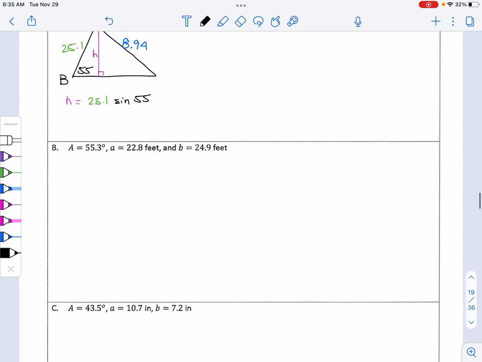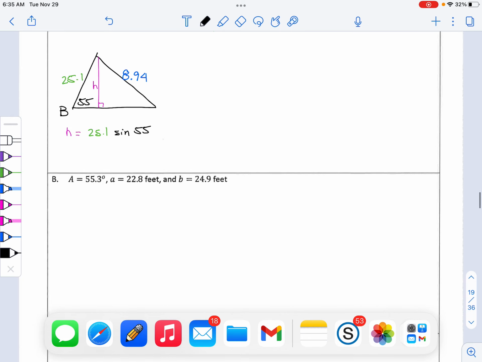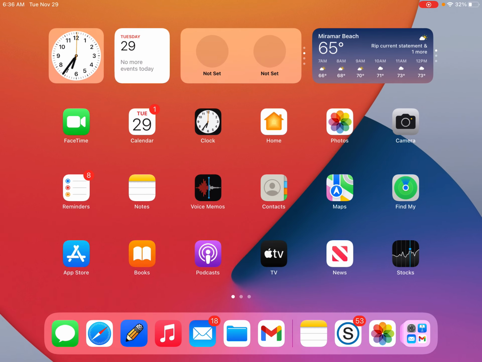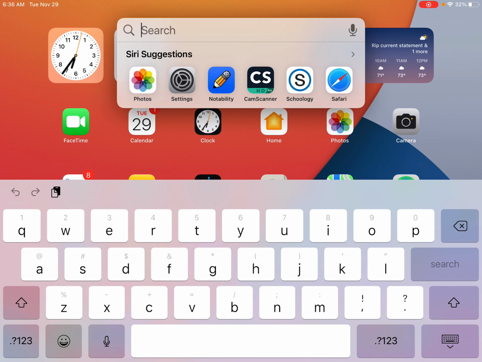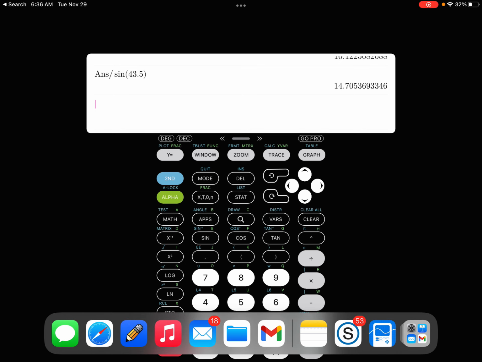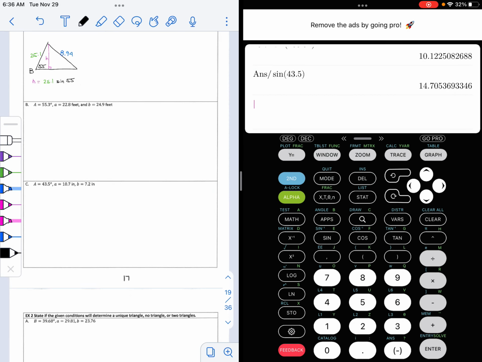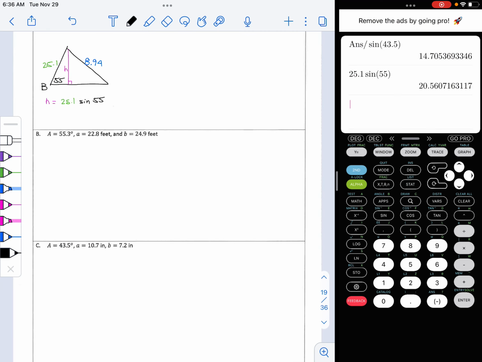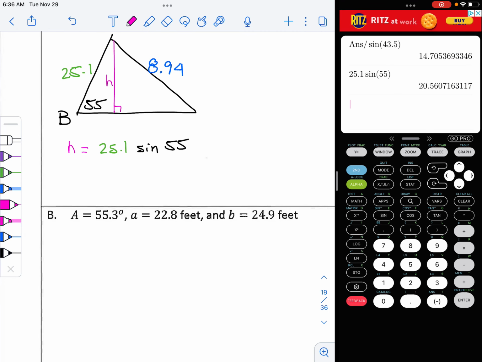So if I open up my calculator and type in 25.1 times the sine of 55, I get my height to come out to be 20.5. So I have a height of 20.5.